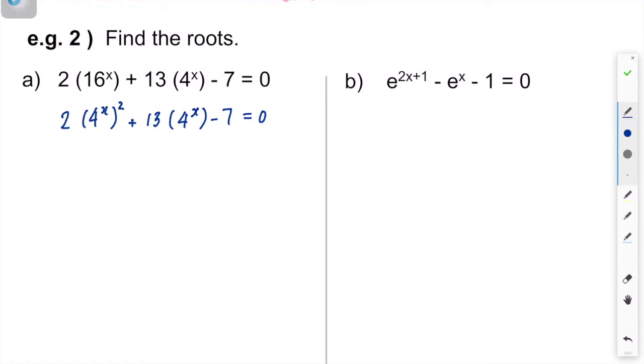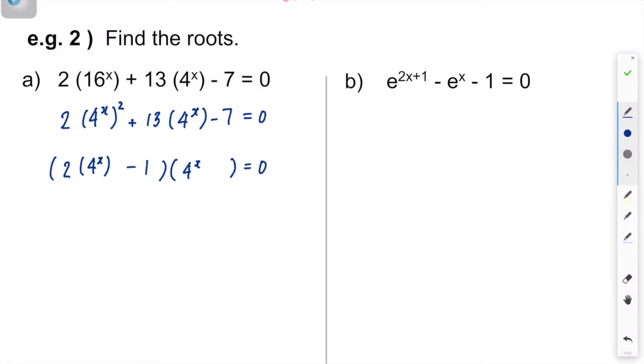So if we skip that step of substituting a and back substituting, if you can see beyond that, we can actually factor this as 2 times 4 to the power of x, and then 4 to the power of x, and something that makes a product of negative 7 and a sum of 13. So what would that be?